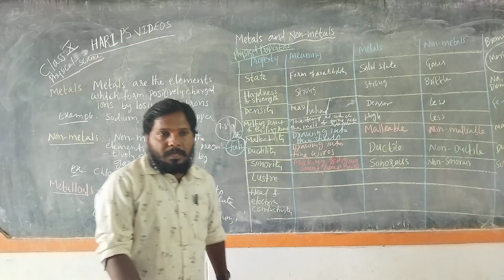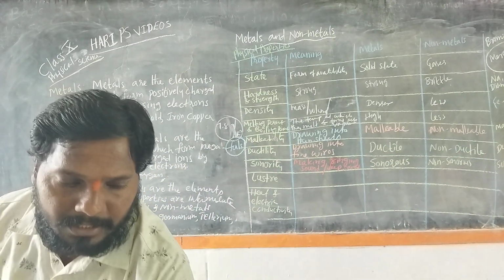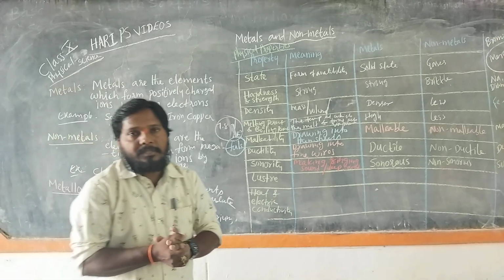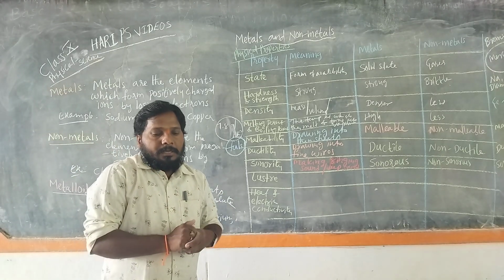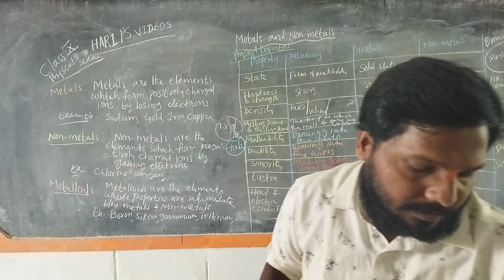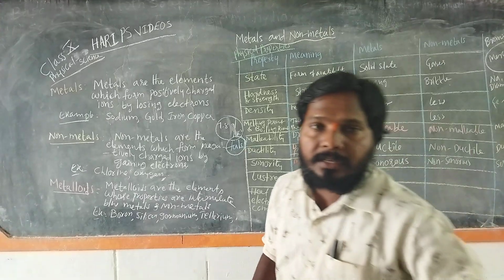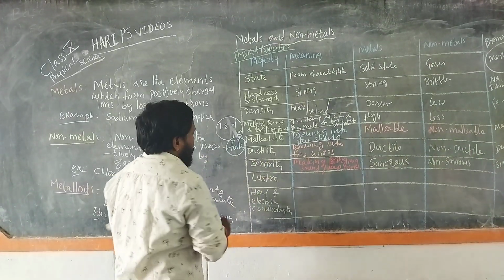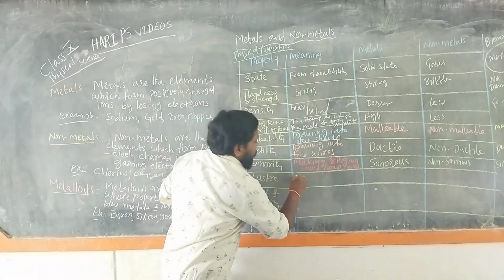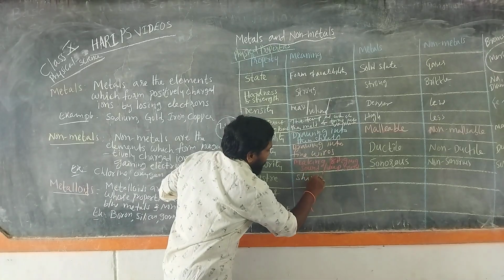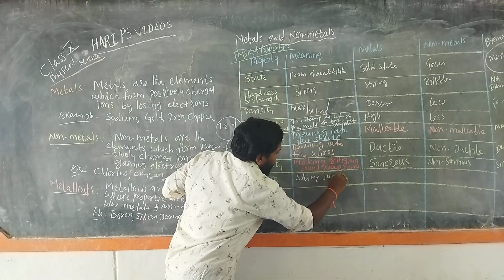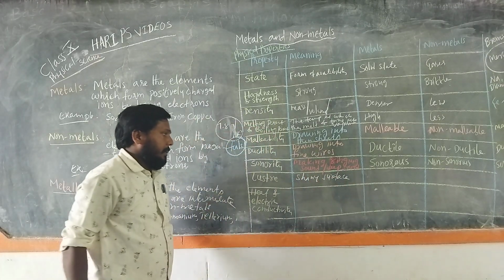Then coming to luster. Luster means the shining property of the surface.